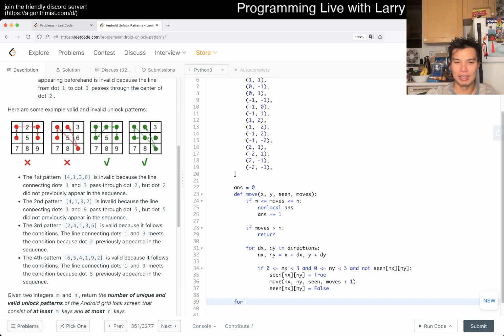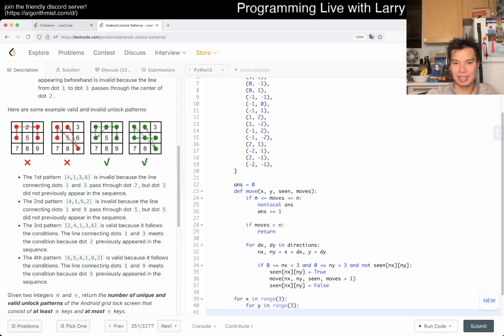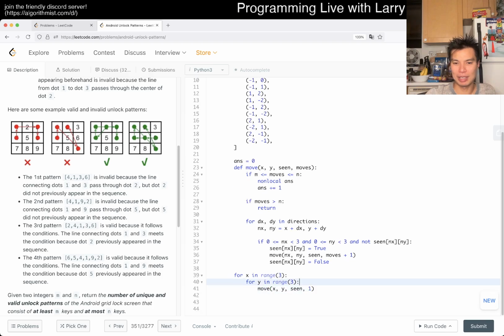So for x in range of 3, we want to call move with x, y, seen, and moves is one move, I suppose. We start with one move. And then of course seen is going to be equal to false times 3 for range of 3. So this time I didn't write it out. And that's pretty much it.